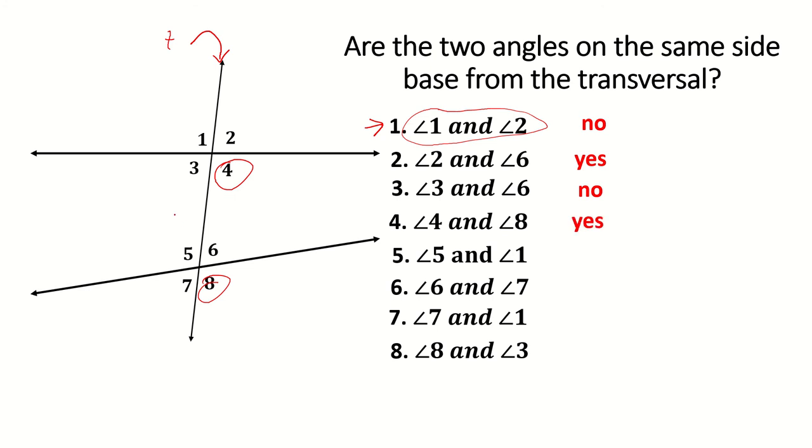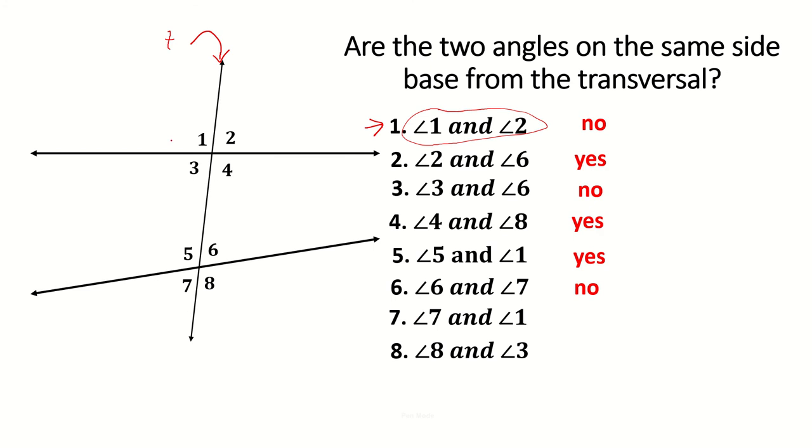So that's a yes. How about angle 5 and angle 1? Both of them are on the left side of our transversal. So that's a yes. How about angles 6 and 7? Angle 6 is on the right side of the transversal and 7 is on the left side. So that is a no.